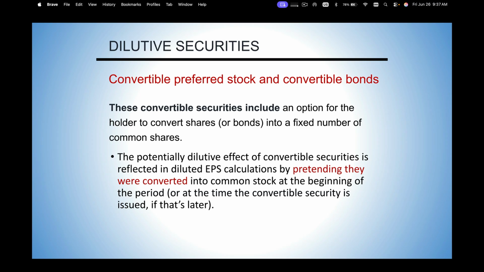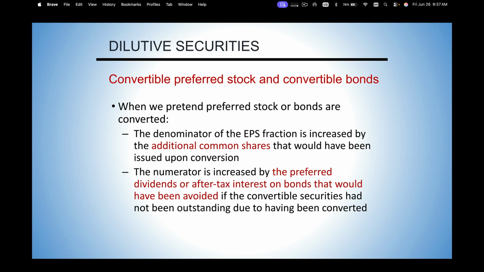This potentially dilutive effect indicates that we'll have a lower earnings per share. And we do this by pretending that they were actually converted during the year, and that we're at the beginning of the period. And the best way I can explain this is by showing an example.